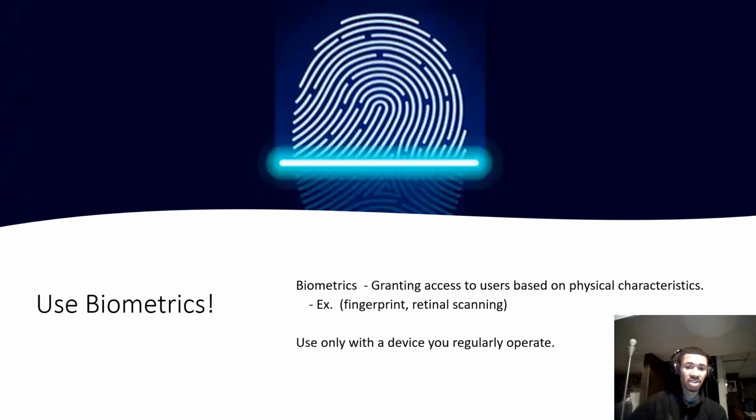So it pertains to you as a physical characteristic. The thing with this is also to use it only with a device you regularly operate. You don't want to have it with something that you don't trust or that you rarely use, that's spread about through family members, things of that nature. You want it to be your own device.